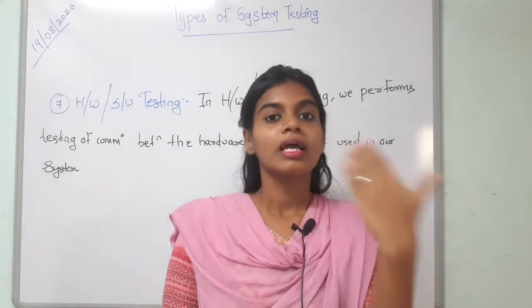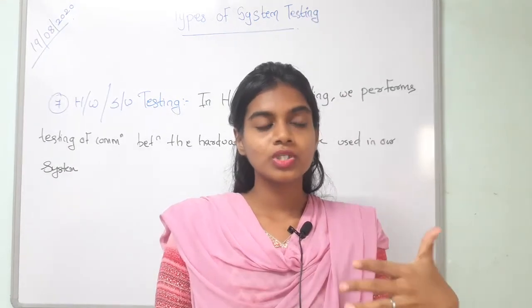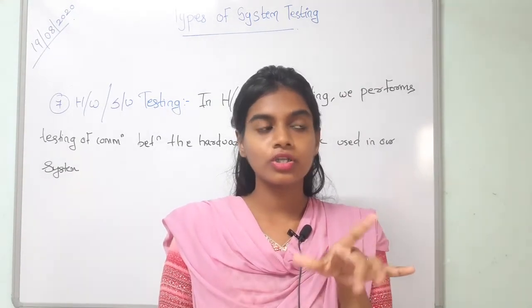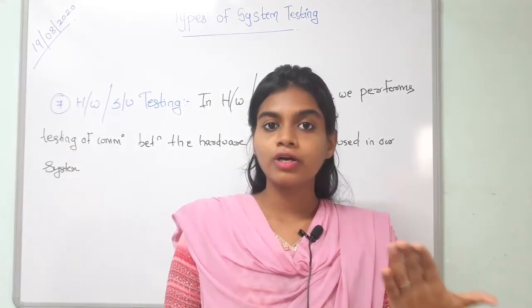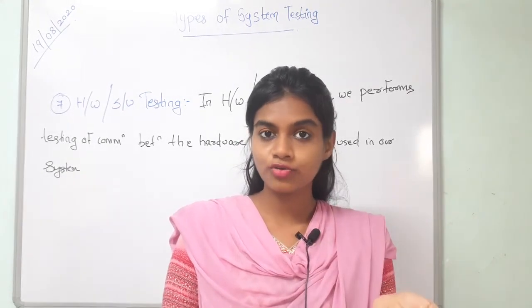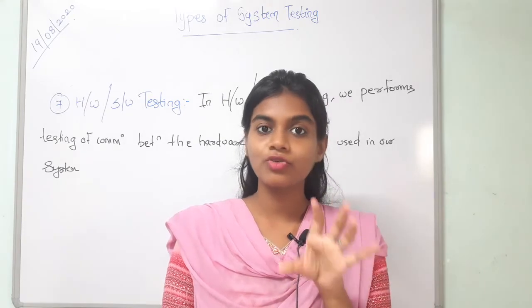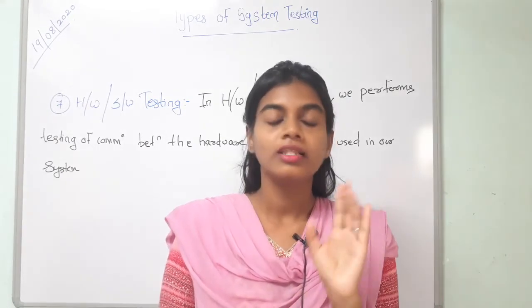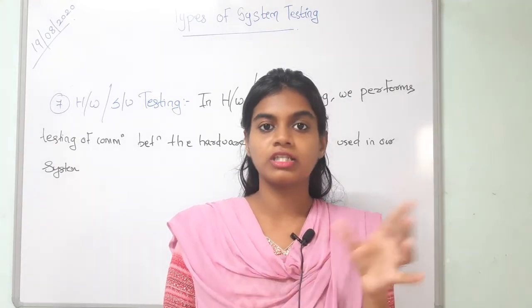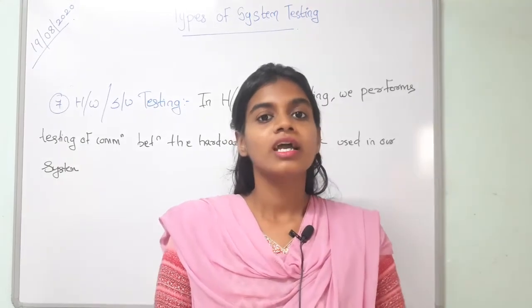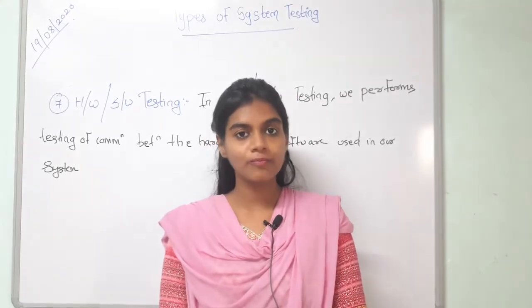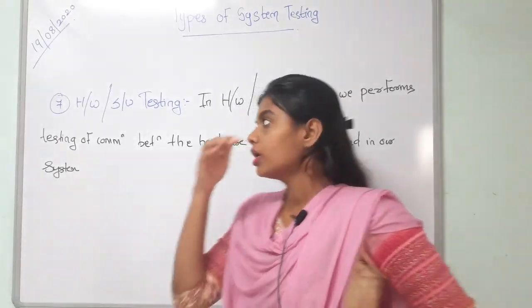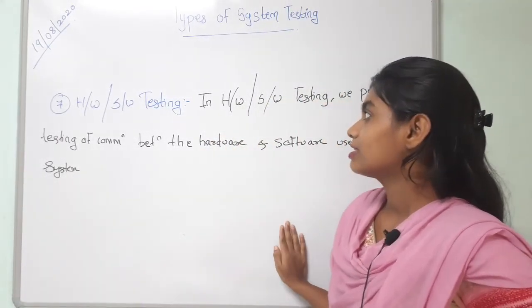Non-functional testing is used to see whether the software product can fulfill the expectations of the user requirements or not. And functional testing means whether the requirements of the users can be fulfilled or not. That is the difference between them, functional and non-functional. So these are the 7 types of system testing.